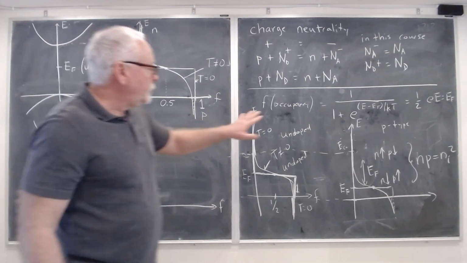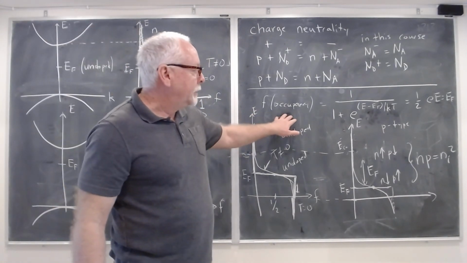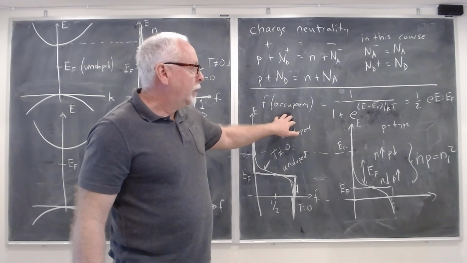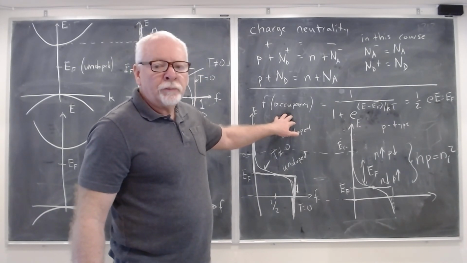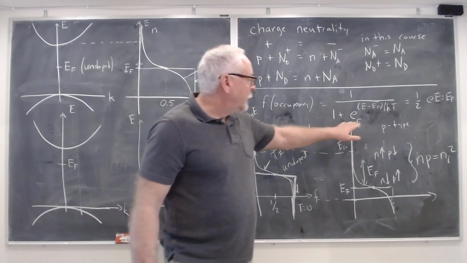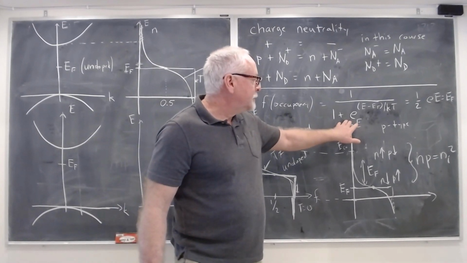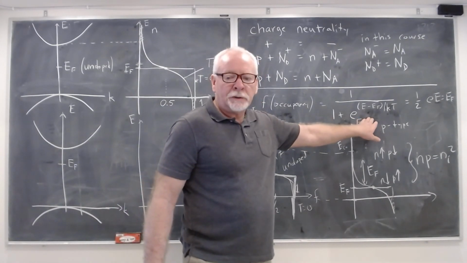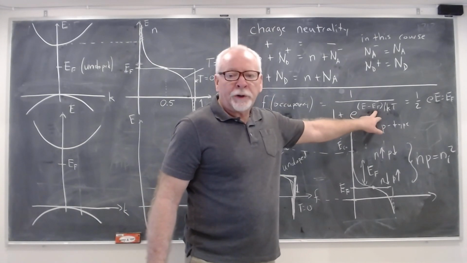So, we're engineers. We covered enough quantum mechanics so that you can kind of follow what I just said. But as engineers, we'll accept that this determines the occupancy, where EF is the Fermi energy.